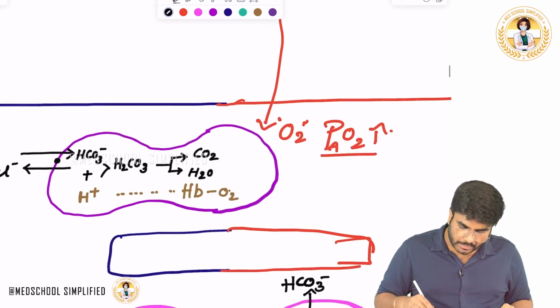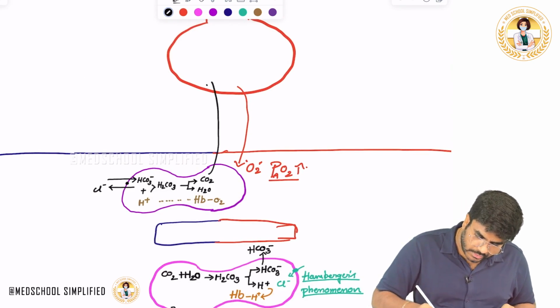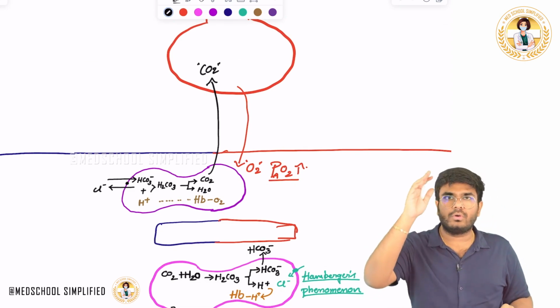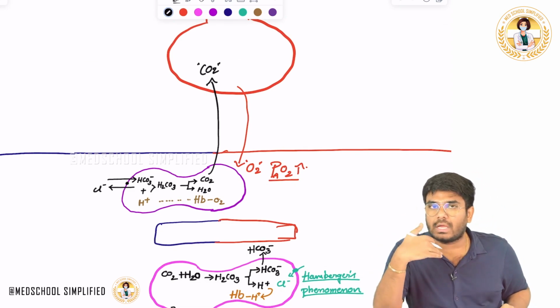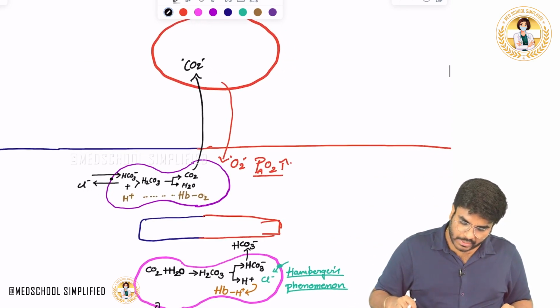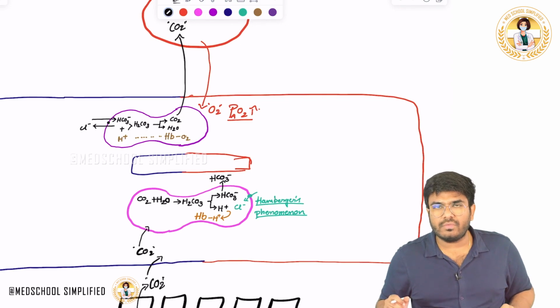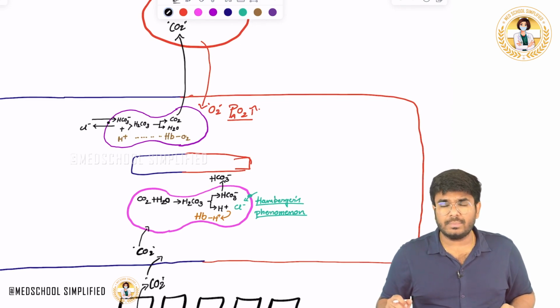And this carbon dioxide from the RBC is going to get lost into the alveolus, and from the alveolus, carbon dioxide will go out of your body. So this is how the carbon dioxide is getting transported. Carbon dioxide is transported in the form of bicarbonates in the plasma.